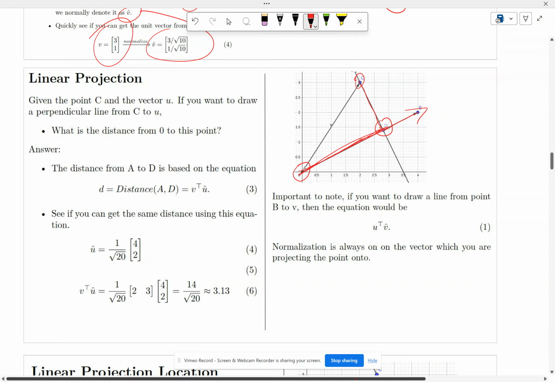What is this distance right here? Well, it turns out that this distance is simply the vector v.